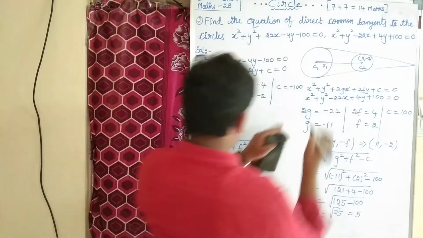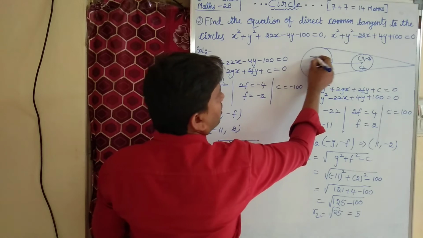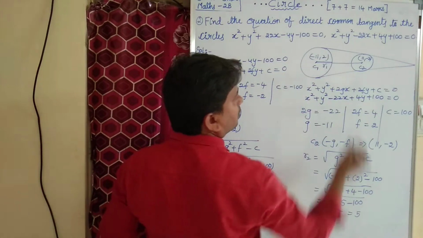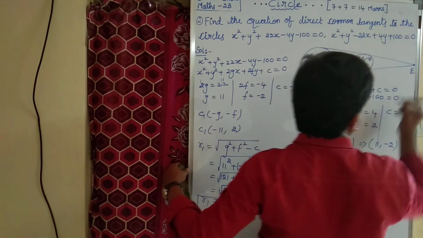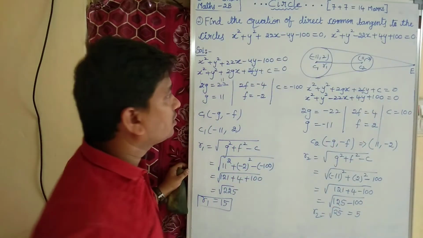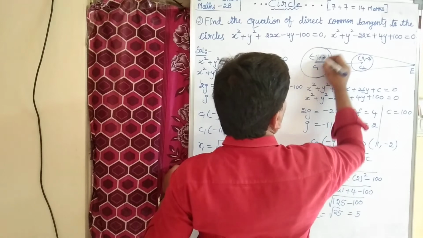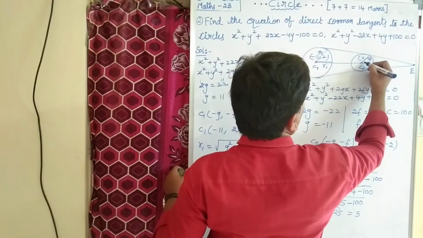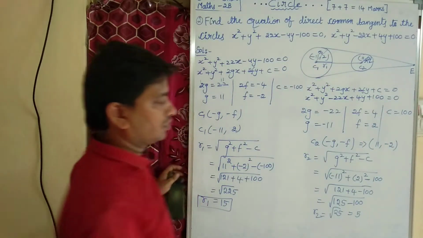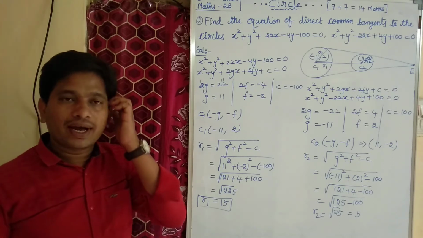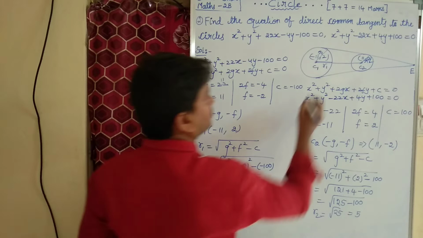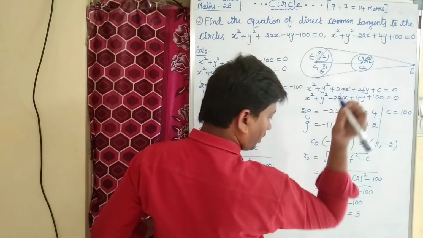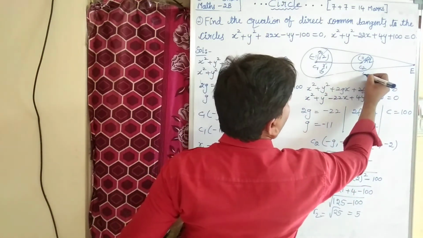First circle center C1 is minus 11 comma 2. So this is our external point E. Children, this we call R1, and this we call R2. So we got C1, C2 and as well as R1, R2. R1 equal to 15 and R2 equal to 5.